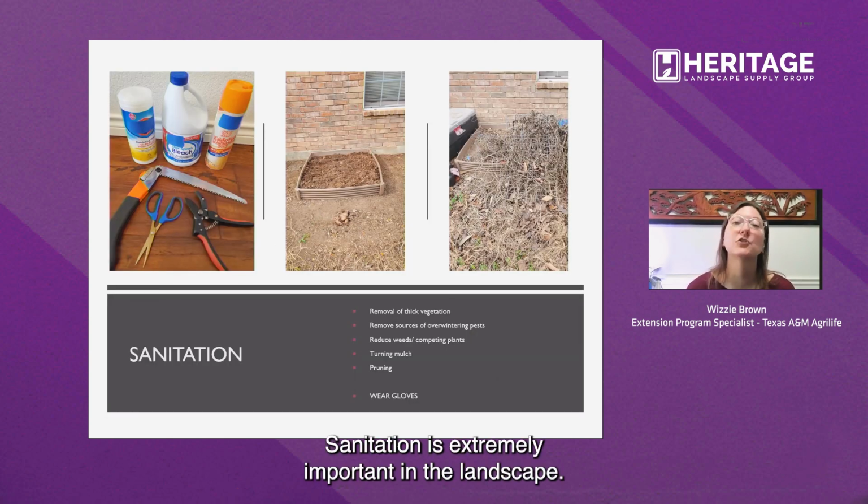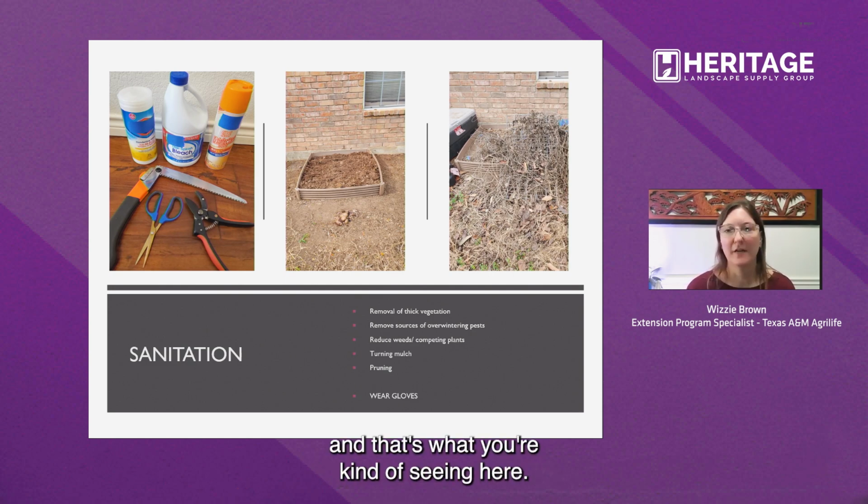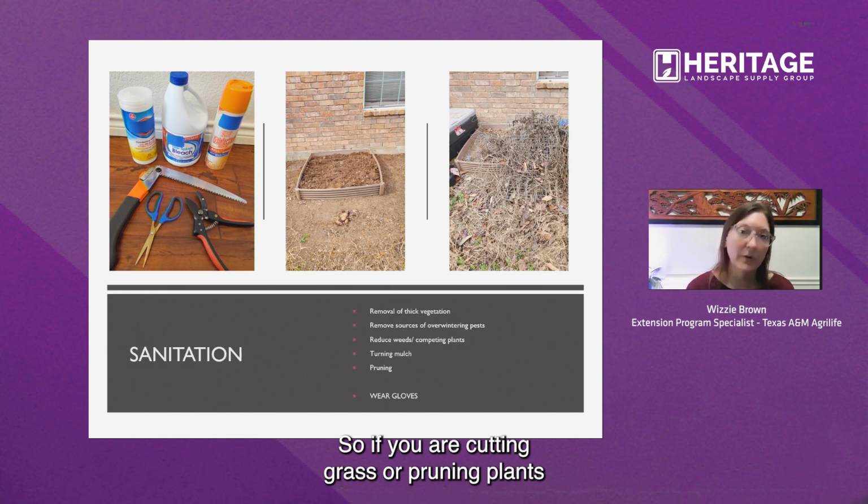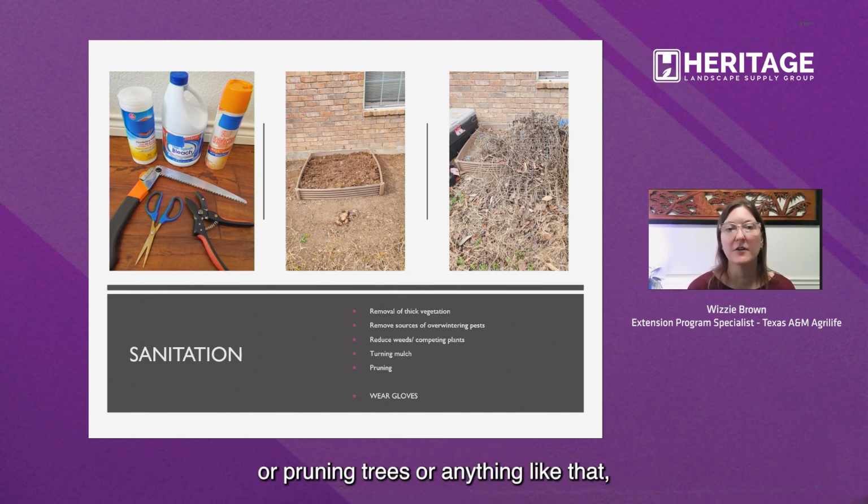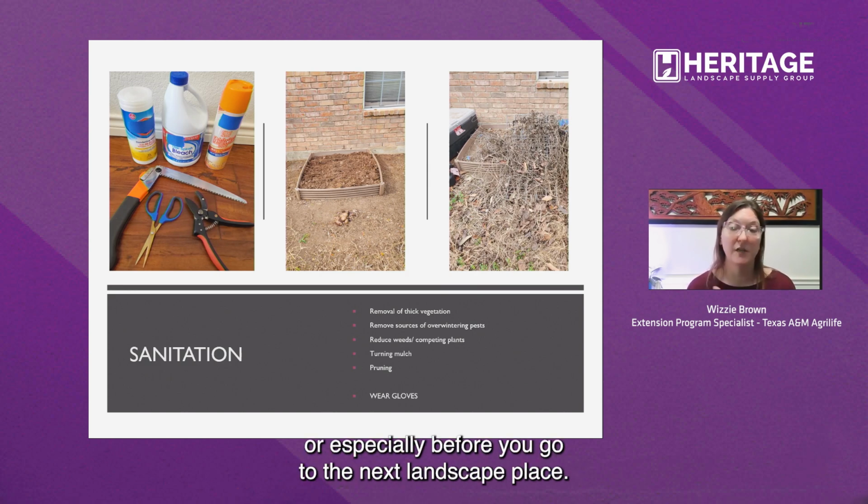Sanitation is extremely important in the landscape. So this could be two ways, and that's what you're seeing here. On the left-hand side, that is sanitation of tools. So if you are cutting grass or pruning plants or pruning trees or anything like that, you need to make sure that you have some sort of a disinfectant to utilize on those tools before you go to the next plant, or especially before you go to the next landscape place.